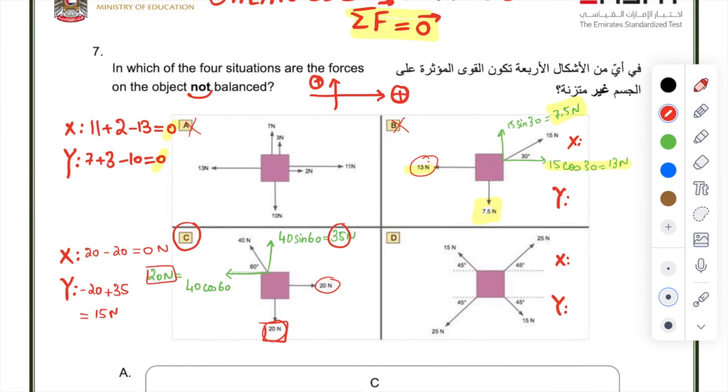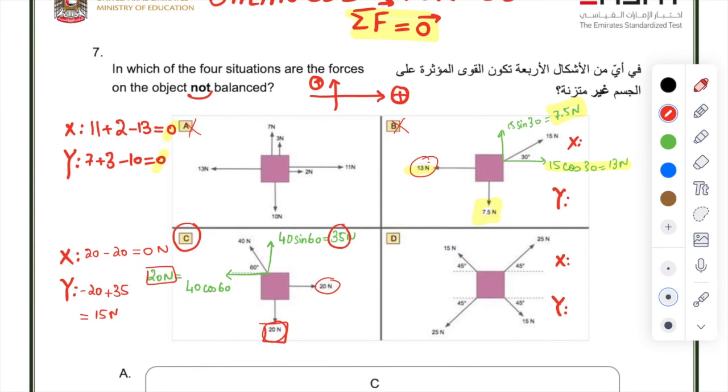Now let us finalize and double check that D is a balanced forces example. I can see that neither on the x nor on the y, along the same line of action, I have up 25 and along the opposite direction, another 25. So basically they cancel out each other.